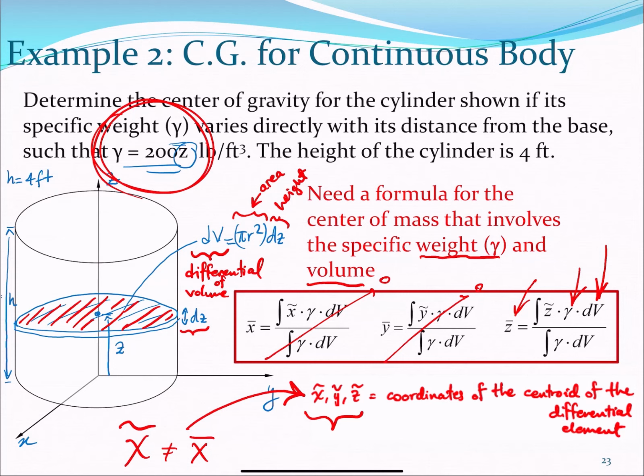Now, x squiggle for this case is 0. Y squiggle in this case is equal to 0. And z squiggle, right, is equal to the very same variable of integration z, right?